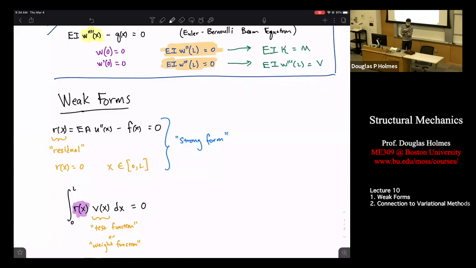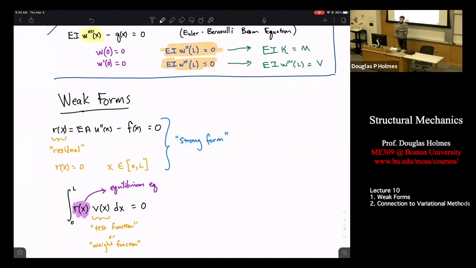This is our equilibrium equation, which you could have solved for using variational calculus like you did in your homework last night.